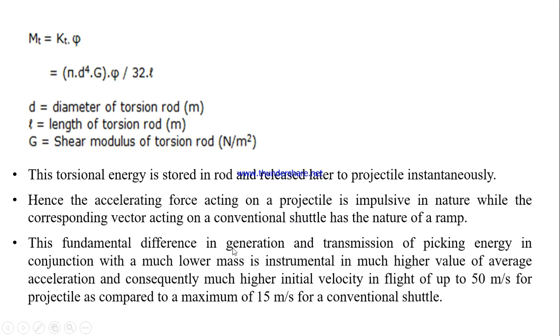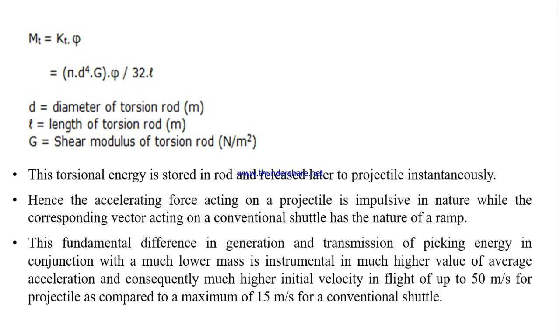This fundamental difference in generation and transmission of picking energy, in conjunction with the much lower mass, is instrumental in much higher value of average acceleration and consequently much higher initial velocity in flight up to 50 meter per second for a projectile as compared to maximum 50 meter per second for a conventional shuttle.